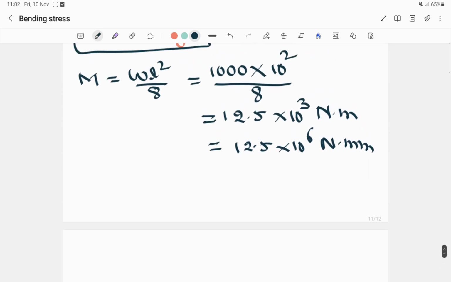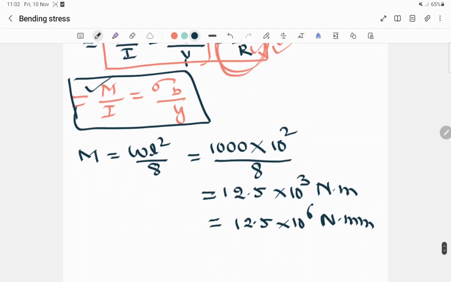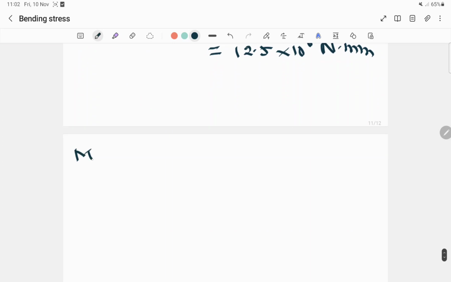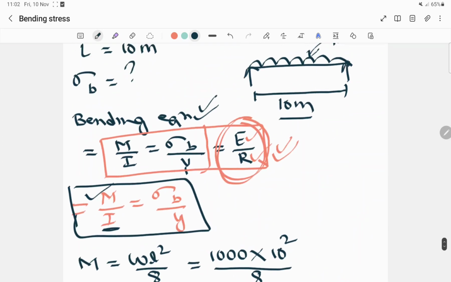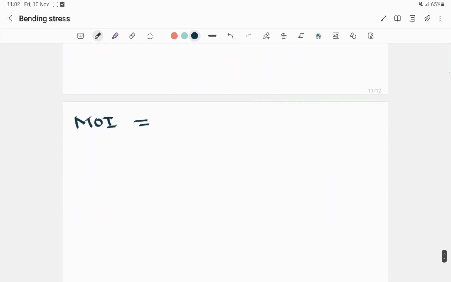This one we already got. Now next is to find the I value. I is the moment of inertia. For a circular section, the moment of inertia formula is pi by 64 into d to the power 4. Everything is known to us here.